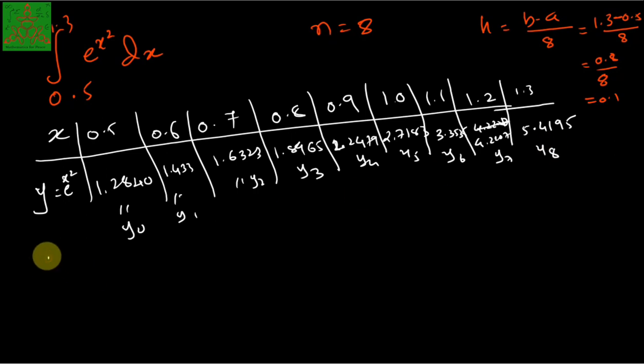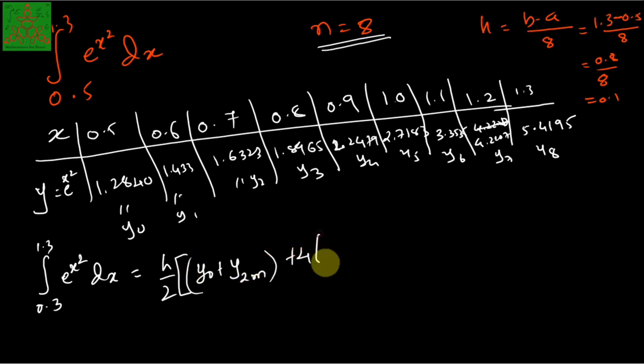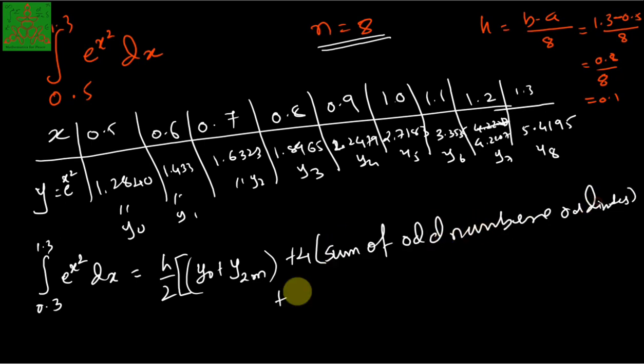And now to use Simpson's 1/3 rule to calculate the value of the integral of e power x square dx, which gives you h by 3 times y0 plus y2m, because I have used n as 8, so I am changing my formula to 2m. Then 4 times the sum of odd coordinates plus 2 times the sum of even coordinates.